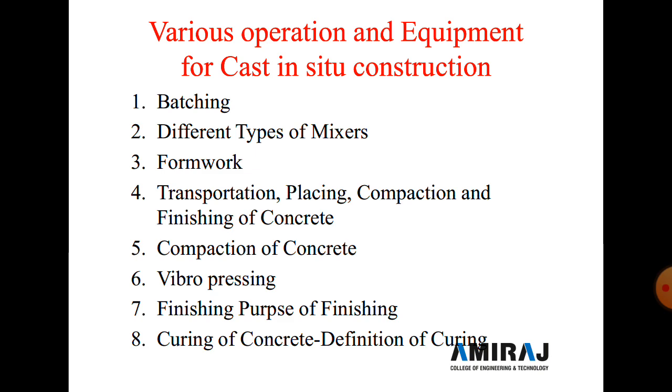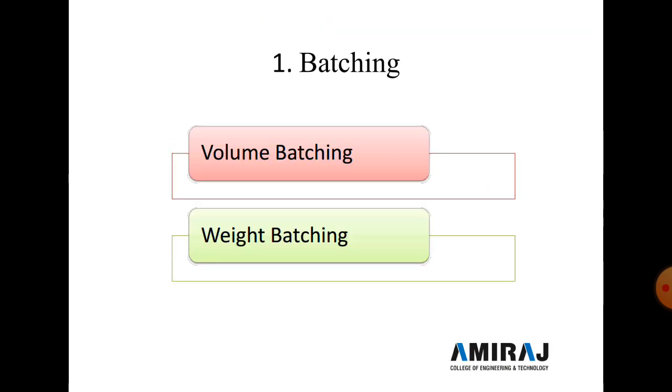Sixth one is vibro processing or vibro pressing, then seventh is finishing, and eighth and last one is curing of the concrete. So these are the different operations and equipment for cast in situ construction. Now we discuss one by one.